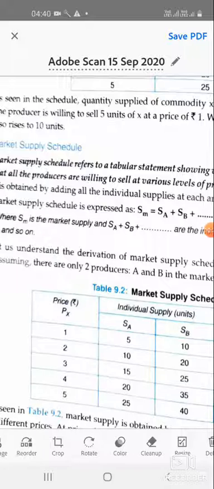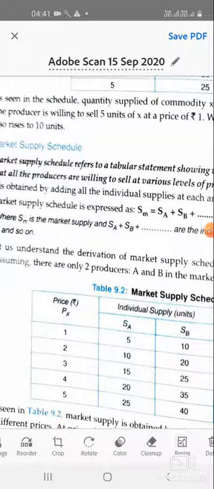Now, the individual supply curve is a graphical representation of the individual supply schedule. As told earlier, if we assume that there is only one firm in the market, and we plot its supply schedule on the graph, then we derive the individual supply curve.